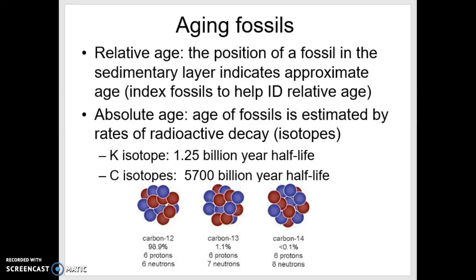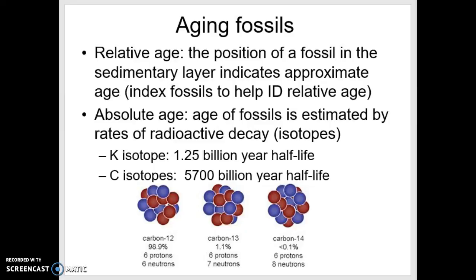And then the same amount of years reduces it in half again, and in half again, and so on, and so on. So carbon is really one of the main ones that's used for the radioactive decay or the isotopes. Is it carbon-12? Is it carbon-13? Is it carbon-14? What is the half-life?